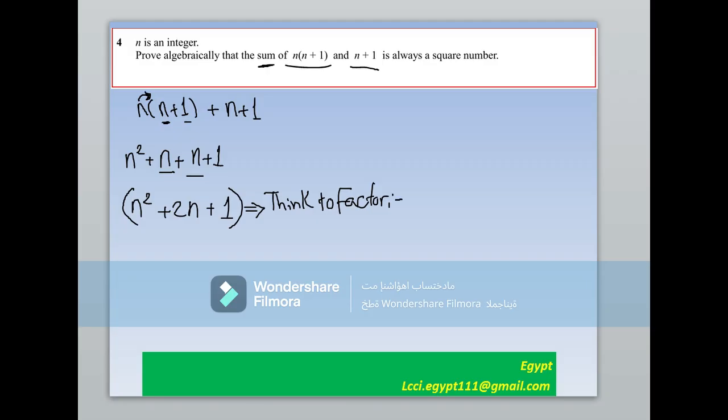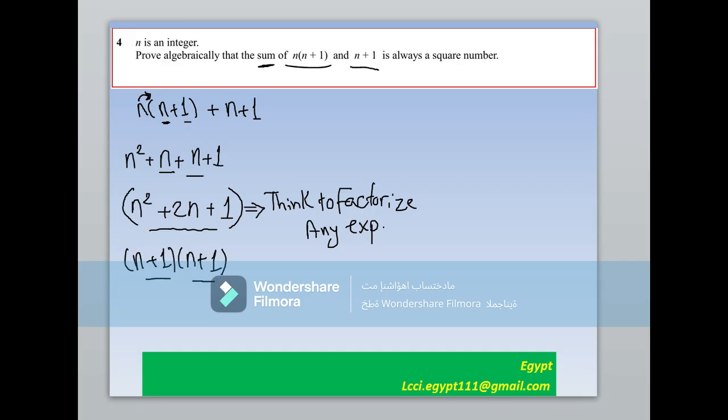Since I teach this mathematics subject, I should think to factorize any expression. Think to factorize any expression, my dear students. (n plus 1) times (n plus 1).